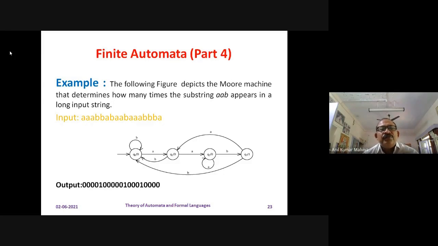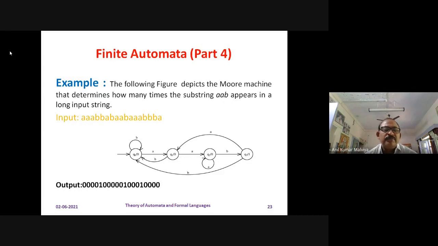Okay, when you feed the input AAABBABAABAAABBBA, it gives the output 0, 0, 0, 0, 1, sequence of 0, 1, sequence of 0, 1, sequence of 0.